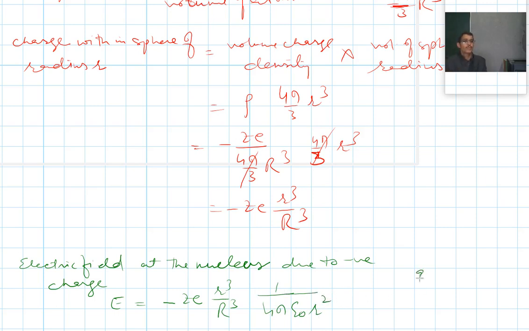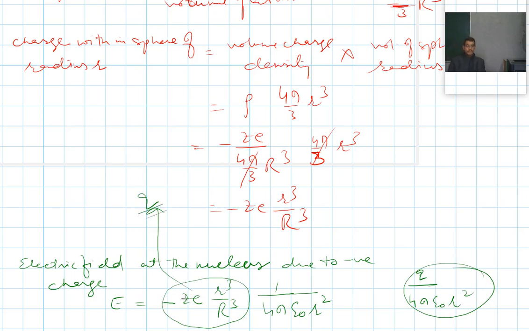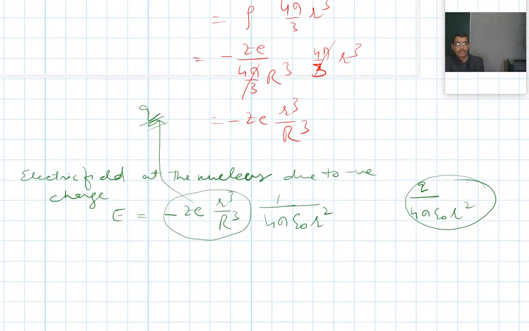This is using the formula q over 4 pi epsilon naught r square. I have used it, and this is the q which we are using. So this is equivalent to this one. Upon slight modification, because this r square will cancel out, it is Ze r over 4 pi epsilon naught R cube with negative sign.